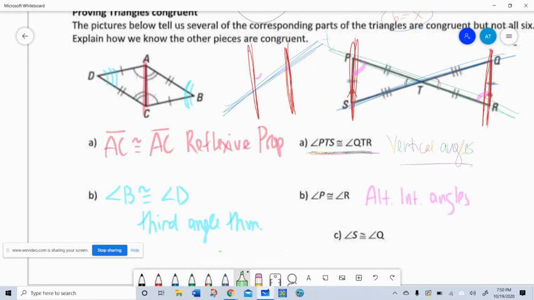And we know now that this angle here, which is angle S, must be congruent to angle Q up here. These two guys must be congruent. And the reason they must be congruent is they are also alternate interior angles.